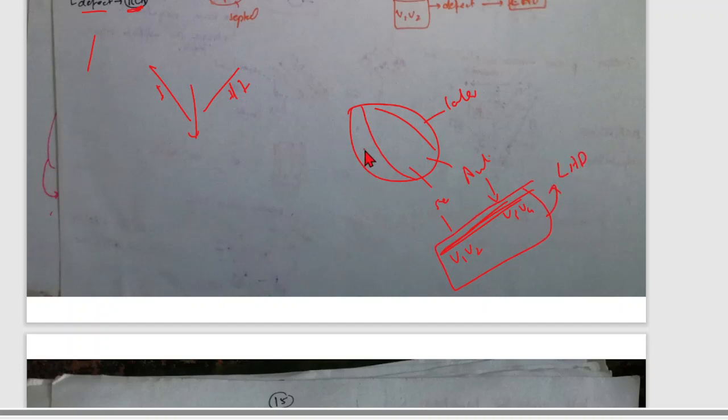Okay, and now this side, if you see this area, this is toward the inferior side, and on the inferior side there are lead 2, lead 3, and AVF. If there is any defect in these three leads, this is toward the inferior side, and the right coronary artery will have a defect.